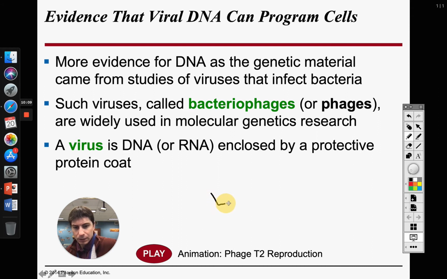All it is, this is called a protein coat surrounding it. So we've got a protein coat surrounding it. We have some DNA in here. So there is your DNA.